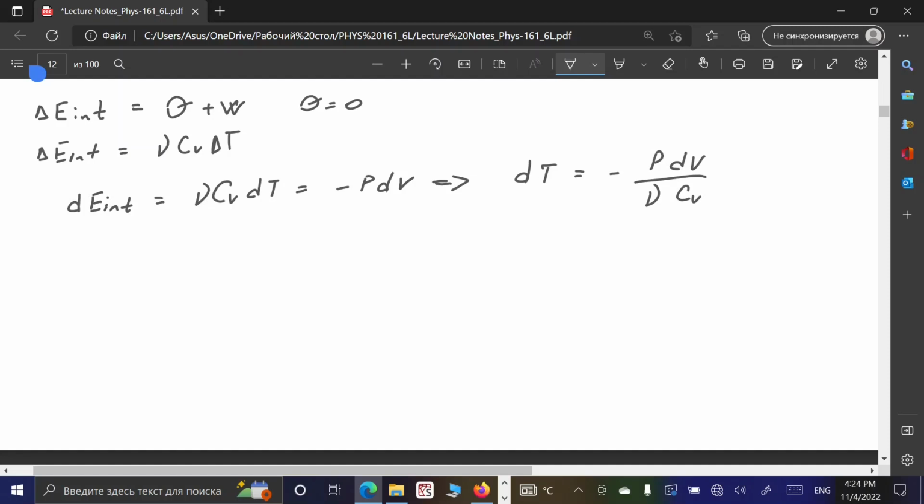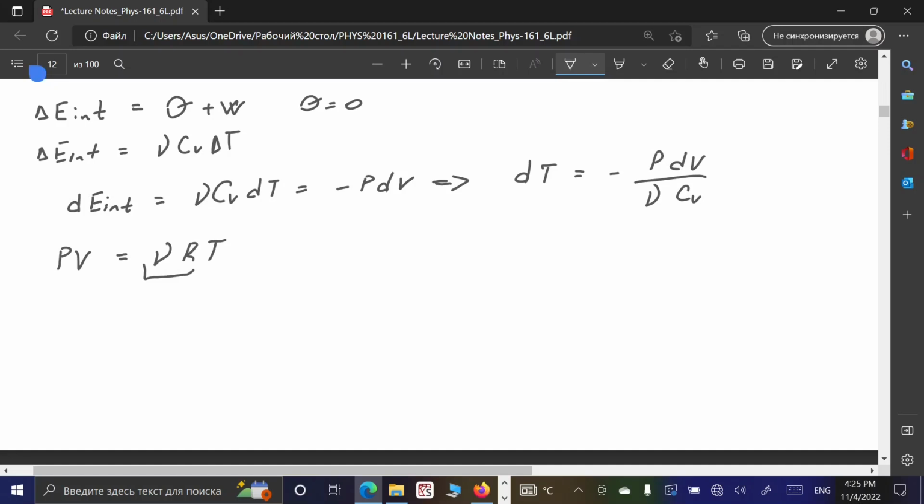Another thing we need to do is take the differential of the state equation of an ideal gas. Again, we recall it: PV equals nu times RT.